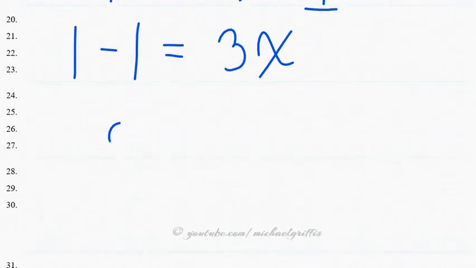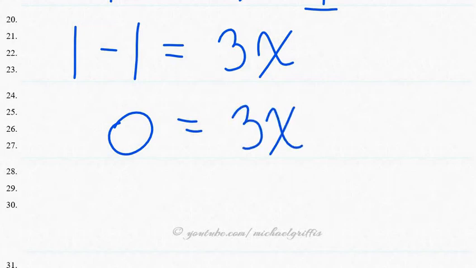So now we're left with 0 is equal to 3x. What we do now is we go ahead and we multiply both sides by the reciprocal of 3, which happens to be 1/3. So we multiply 1/3 to both sides.